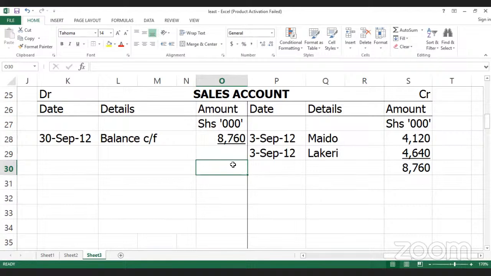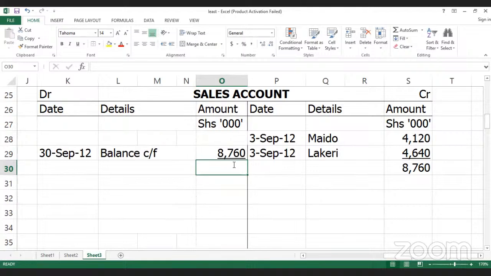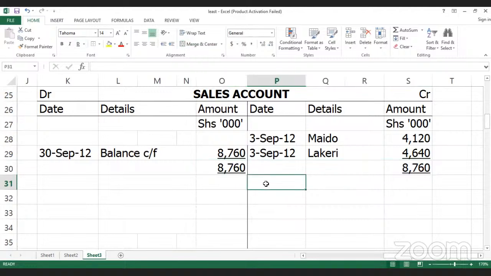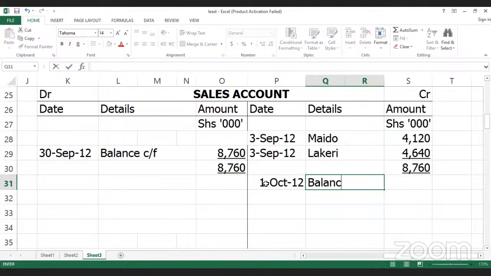So I'll put the totals, 8,760. Totals should be on the same level. Don't forget that. Then on the opposite side, at the start of the next period, that is 1st October 2012, balance brought forward.